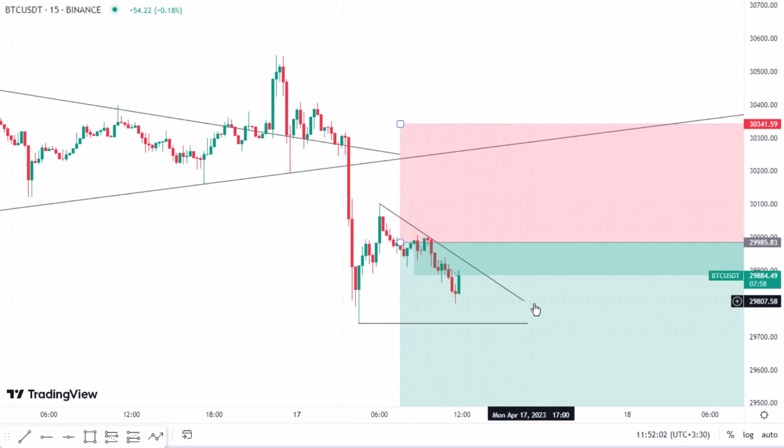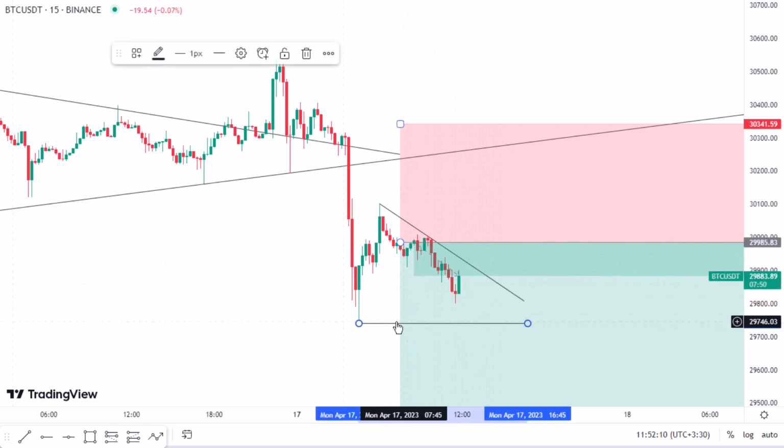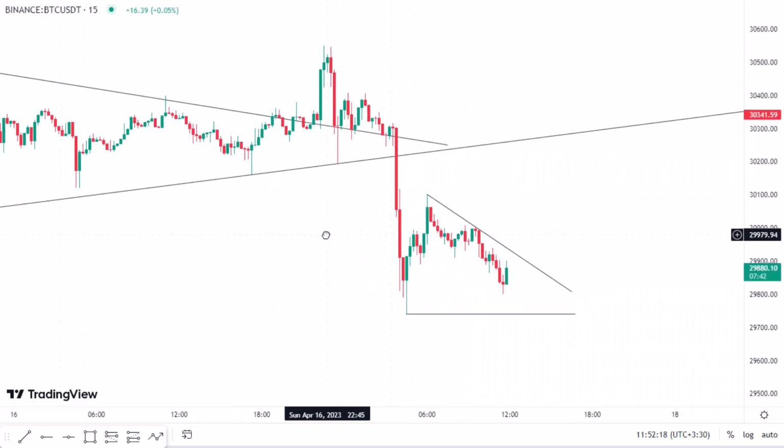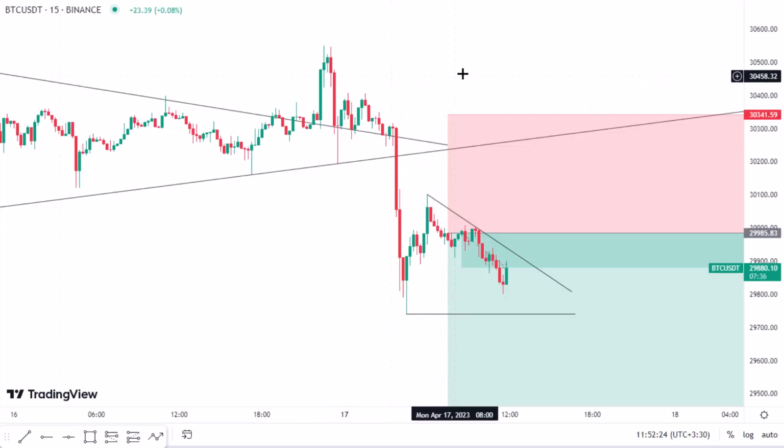We have a trend line here. With the break of this to the upside in the 15-minute time frame, we can enter a buy position. Also we have this support here with a nice candle on it, and we can enter a buy position there too. But in the 4-hour time frame the trend is downward, and by our analysis the Bitcoin price should drop in the next couple of days.